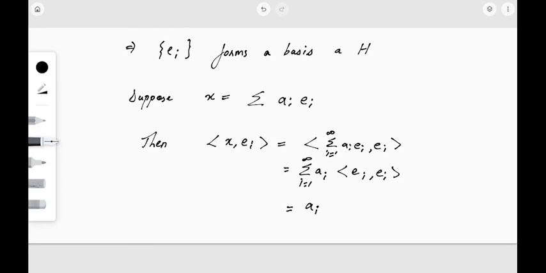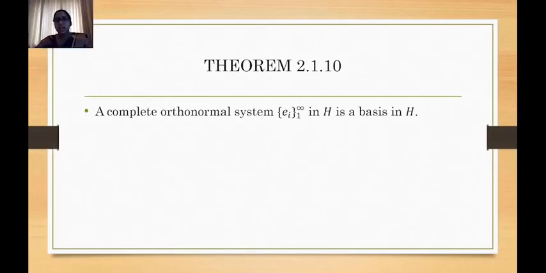So there is only one unique way of expressing x as a linear combination of elements of the set {e_i}. Hence, by definition, {e_i} forms a basis of H. So I think the proof is clear, that any complete orthonormal system in H is a basis in H.